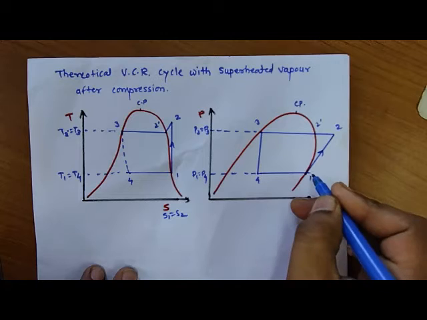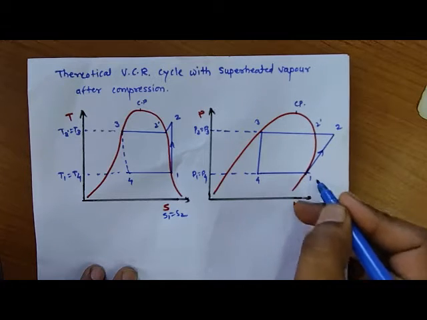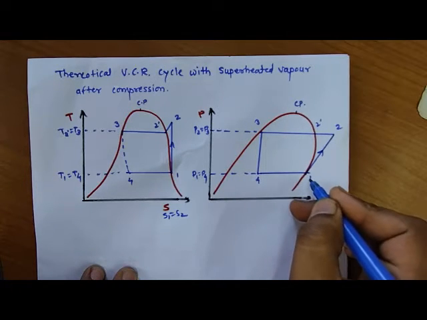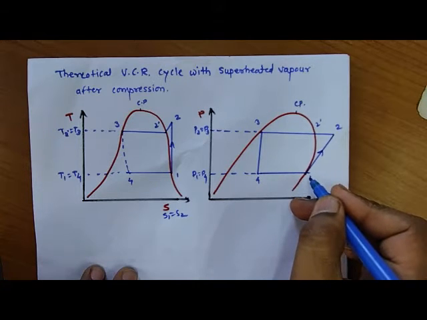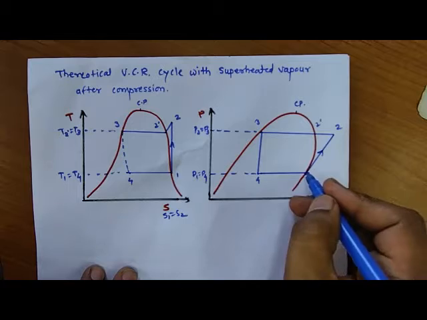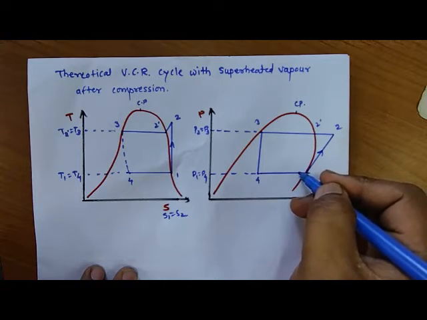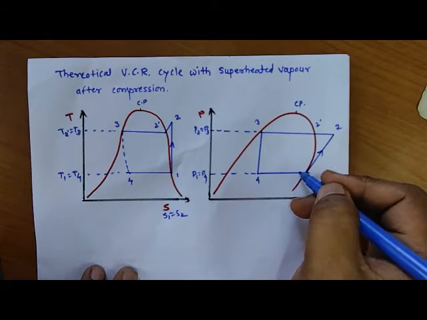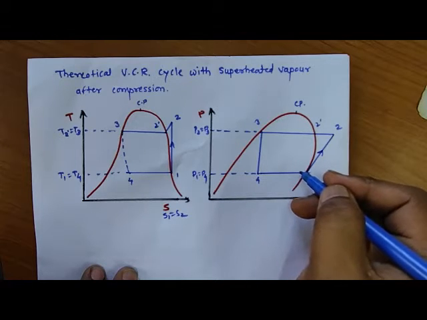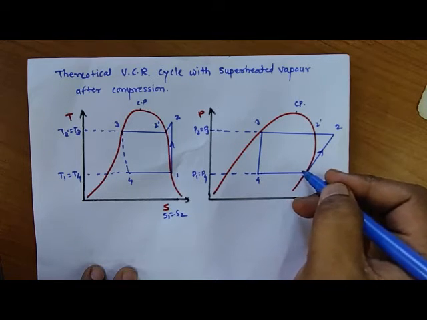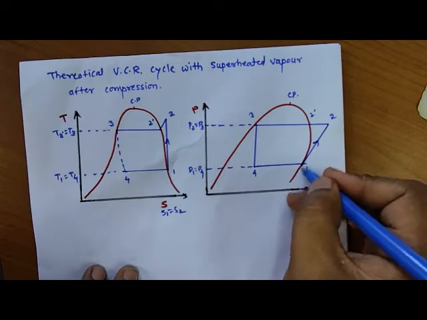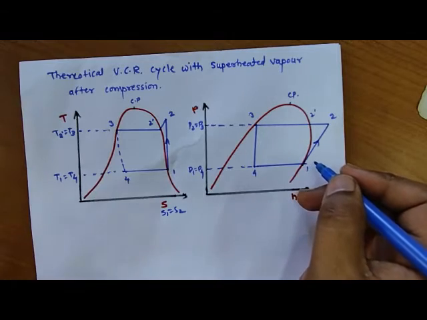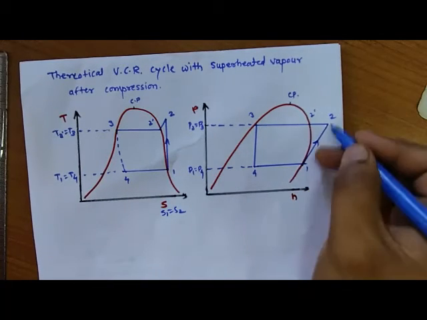That means at the inlet of the compressor we are supplying dry vapors to the compressor. Sometimes point number 1 will be inside the dome, so at the inlet of the compressor a wet mixture is available, but for this we will assume that point number 1 is dry saturated. Now 1 to 2 is the compression process.